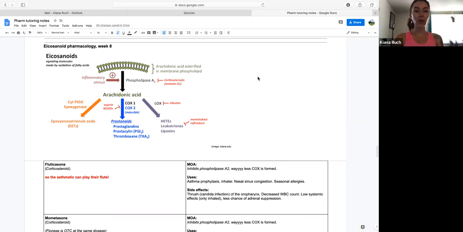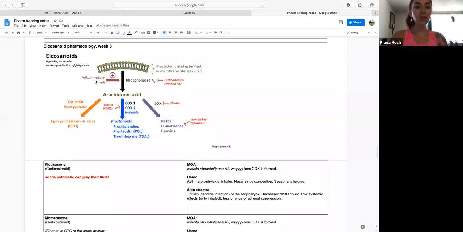And in this video, we are going to be talking about eicosanoid drugs. So I love this image. It's from Tulane University. And what I like about it the most, it's showing where we're getting this arachidonic acid. So you see the phospholipid membrane at the top of the picture. That's where our arachidonic acid is held.